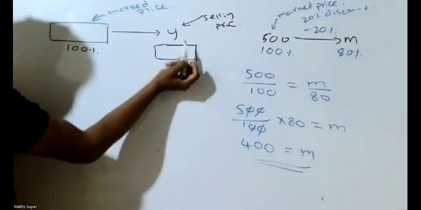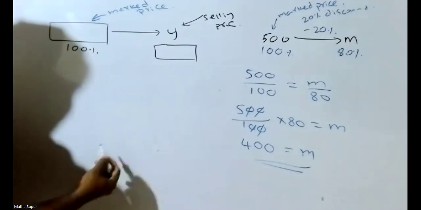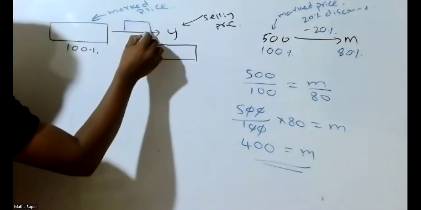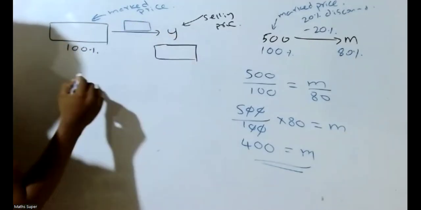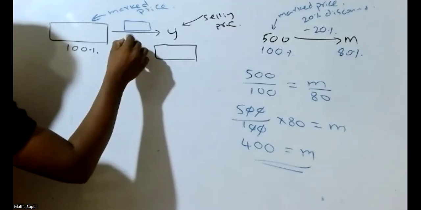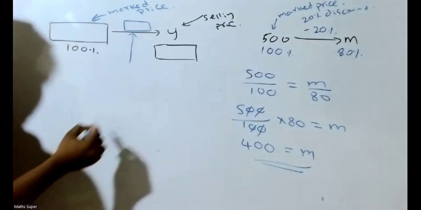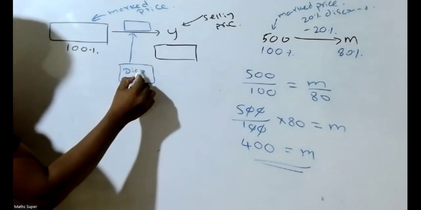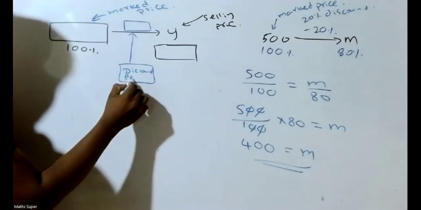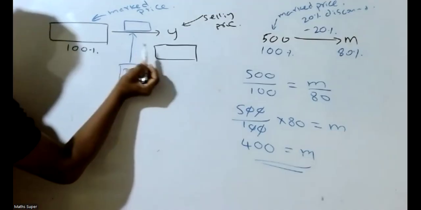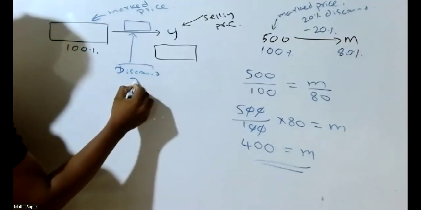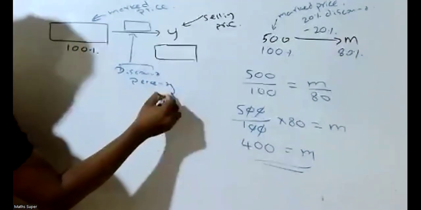No, you can find that one. How to find that one? Here you have to write what? Discount percentage.